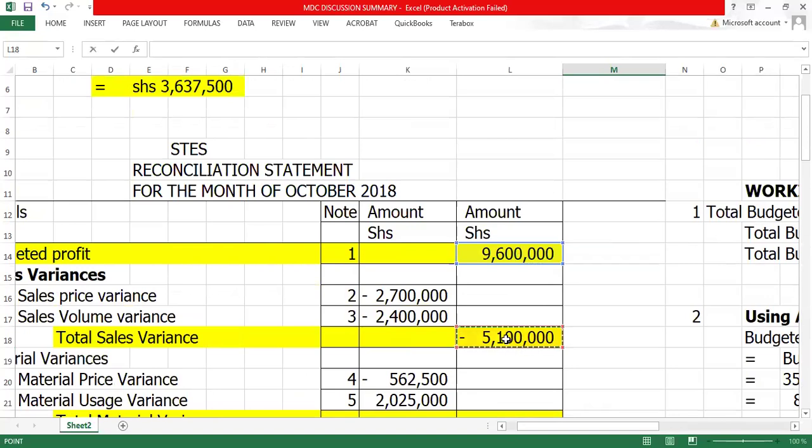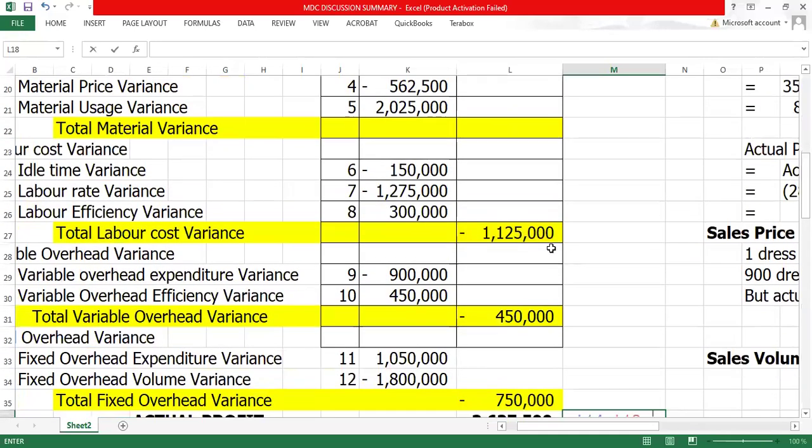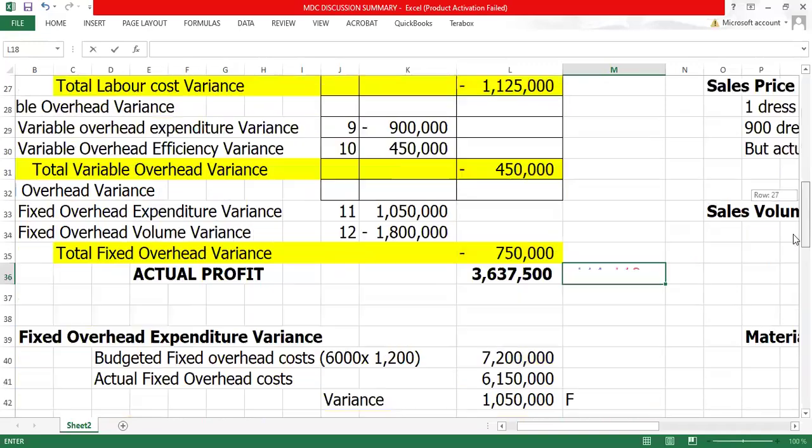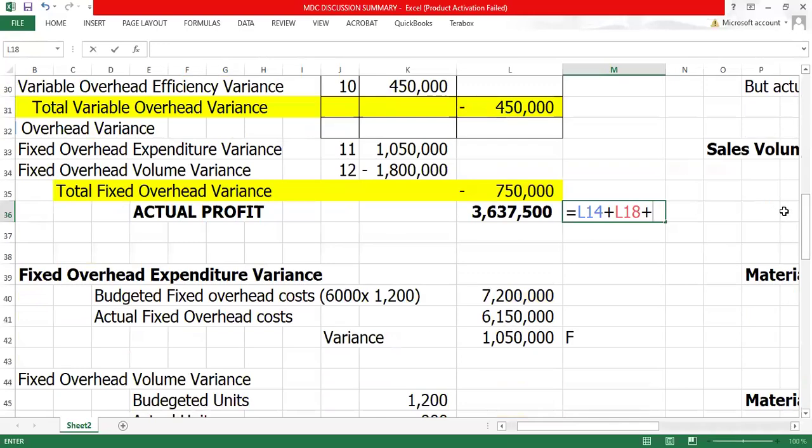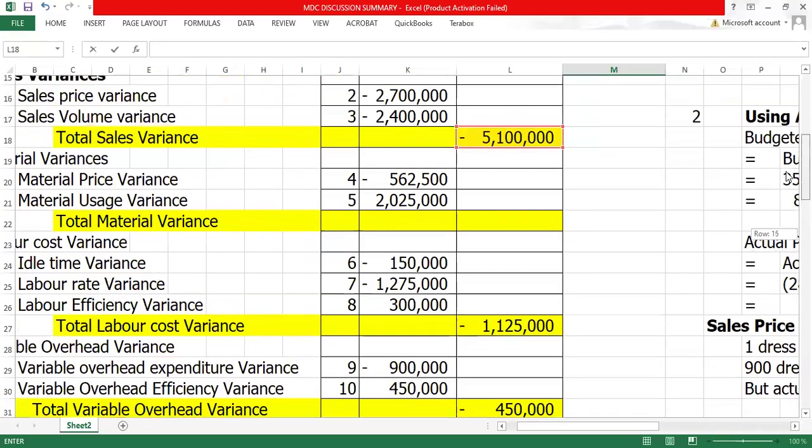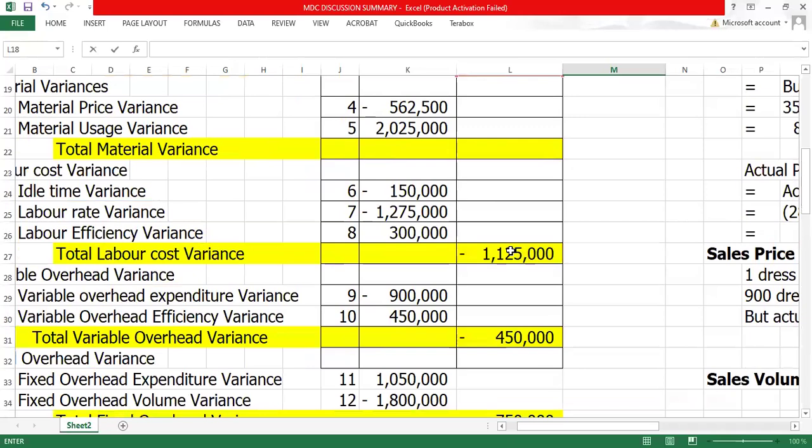Me, I just add because they are already negatives. Then plus this positive 9.6 minus 5.1 because that is a minus.